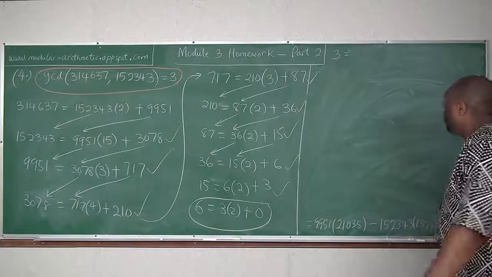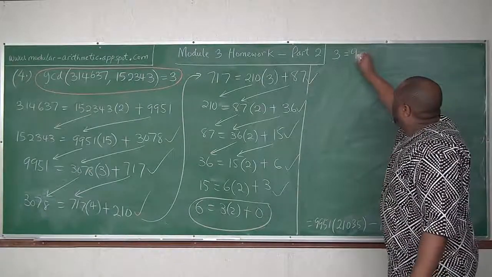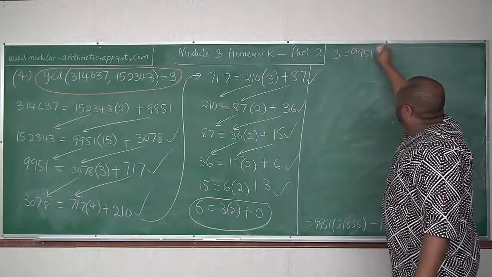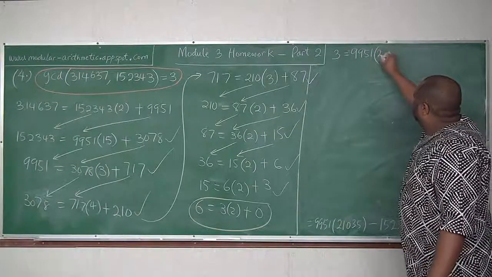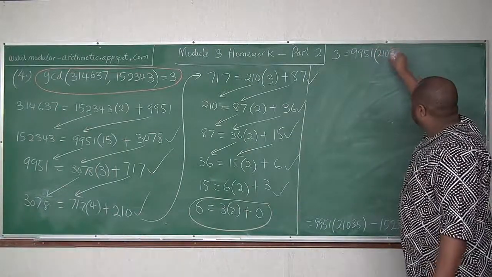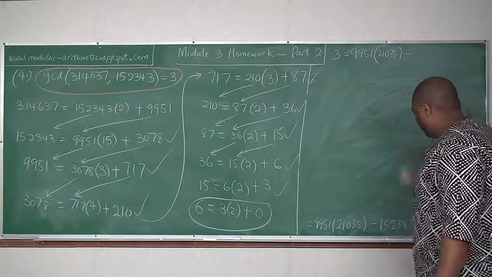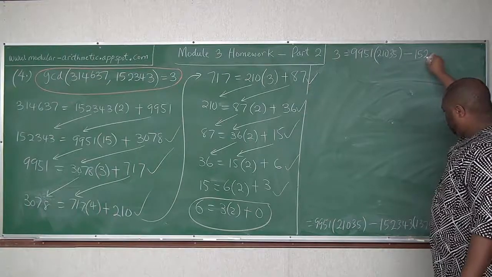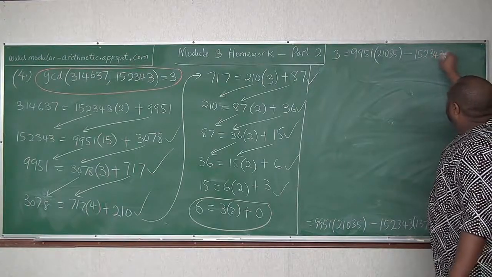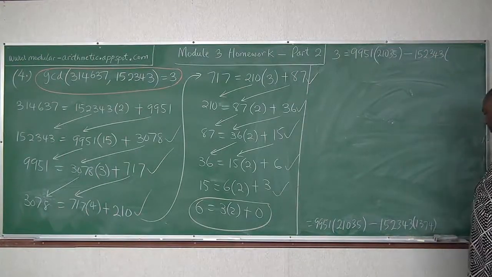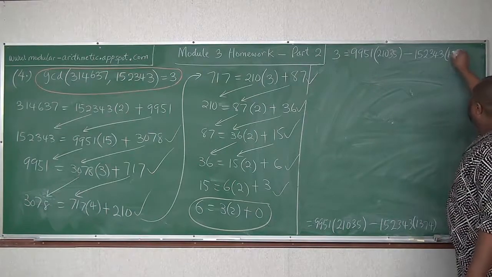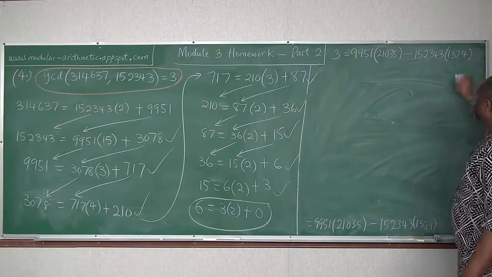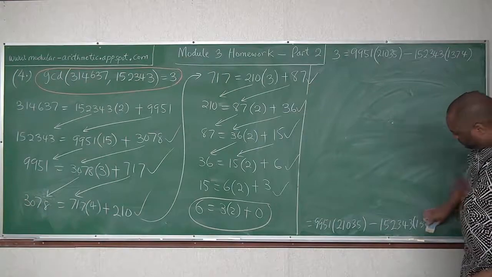Alright, so this will be 9951 times 21035 minus 152343 times 1374.